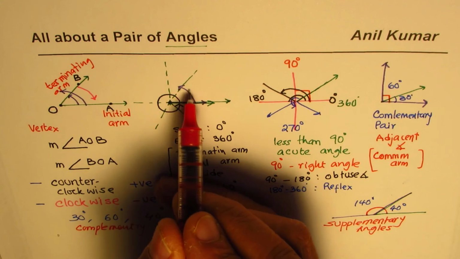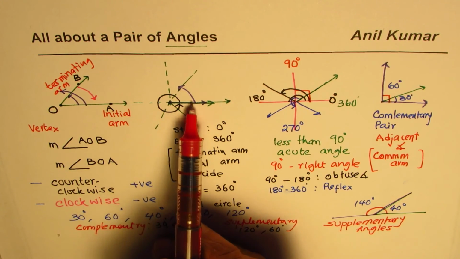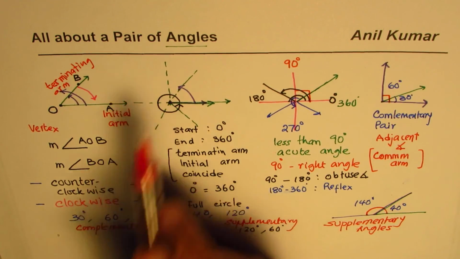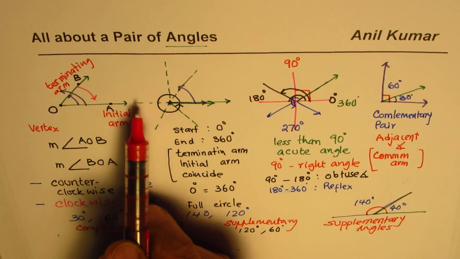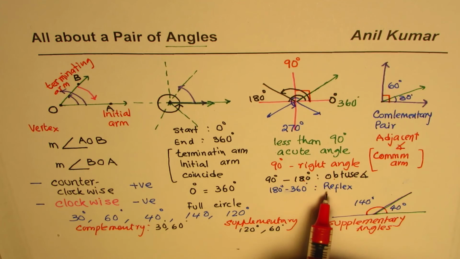As you move the terminating arm, the angle increases. If the angle is between 0 and 90 degrees, it is called an acute angle. If it is at 90 degrees, it is the right angle. Between 90 and 180, it is called an obtuse angle. More than 180, we refer to this as a reflex angle.